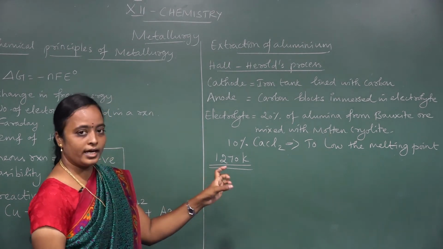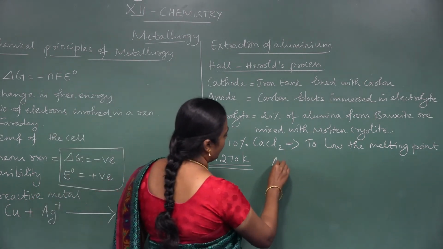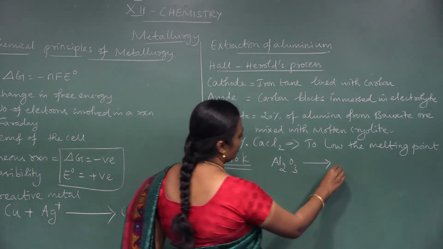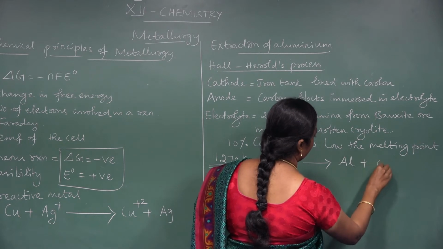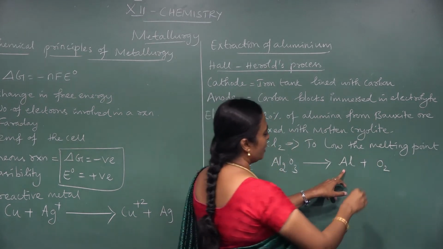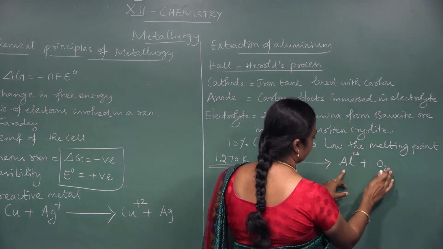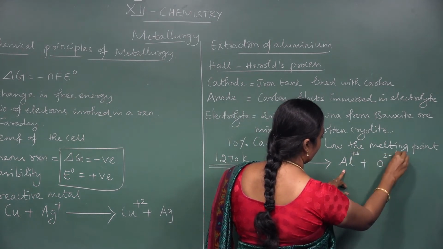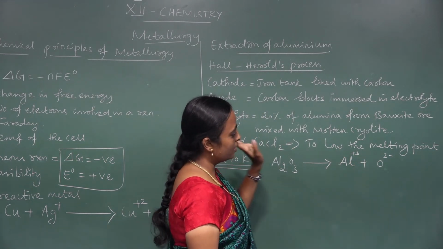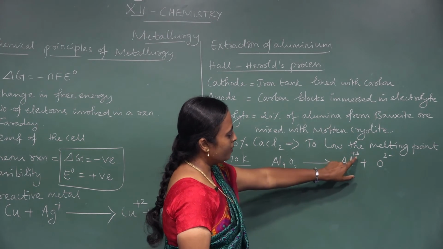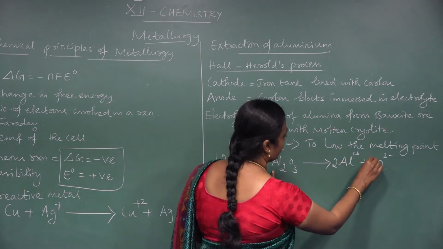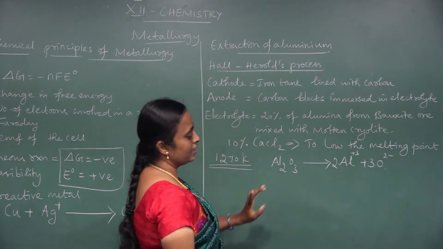So generally the reaction taking place is the alumina will be split up into aluminium and oxygen in the form of ions, aluminium Al3+ and oxygen O2-. Overall, this is an ionic reaction. So Al3+ and O2-, here aluminium is 2, so oxygen is 3. So this is a general reaction.